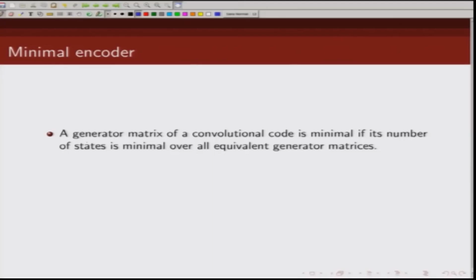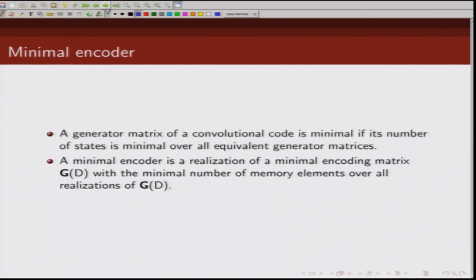So we say a generator matrix is minimal if its number of states is minimal over all possible equivalent generator matrices. And among the minimal encoding matrices, a minimal encoder is basically a realization of a minimal encoding matrix which will result in the minimum number of memory elements used to represent that particular convolutional encoder.